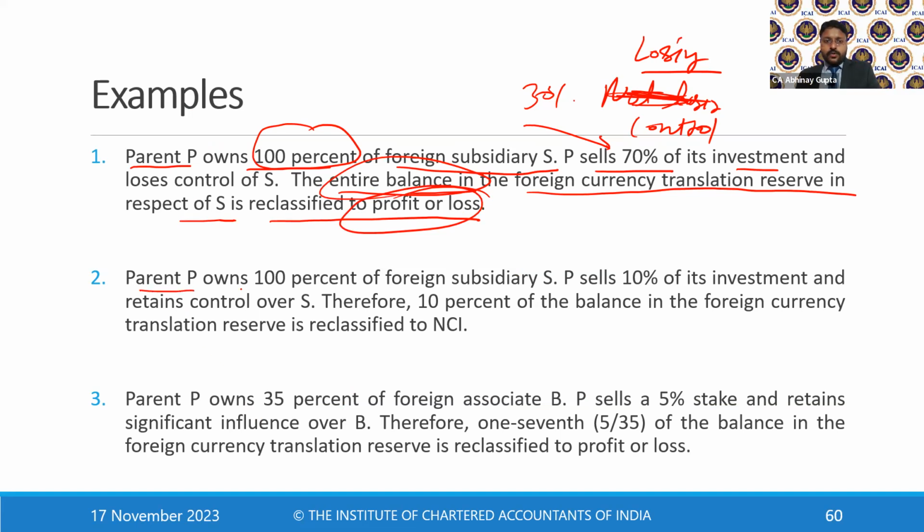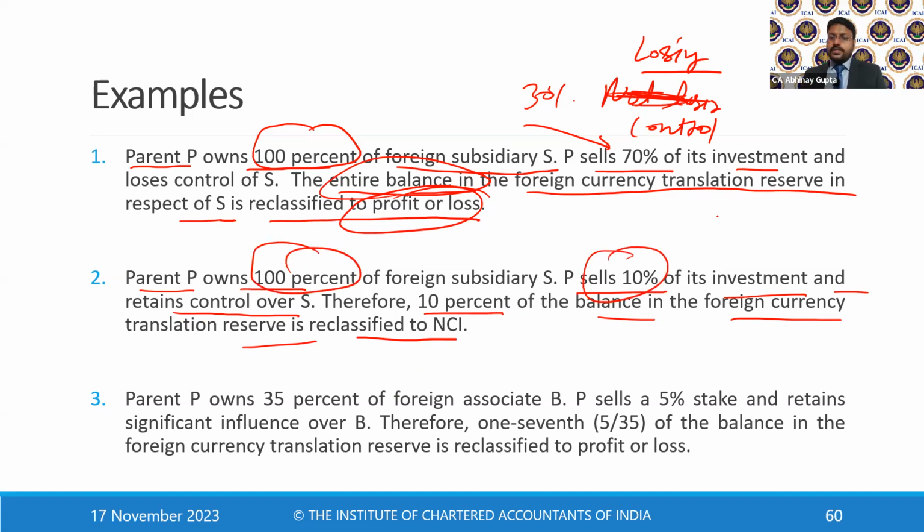Next scenario, parent P owns 100% and sells 10% of its net investment and continues to retain control over the subsidiary. Therefore, 10% of the balance in the foreign currency translation reserve is reclassified to NCI. So earlier, I was owning 100%. I have sold 10%. So it means partial disposal, yes. Subsidiary, yes.